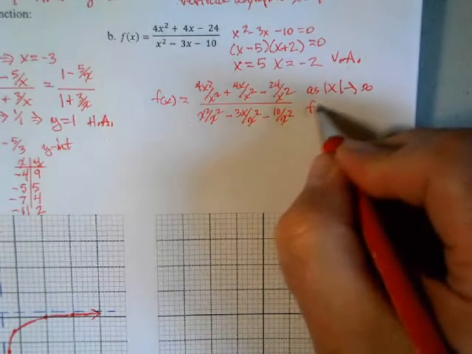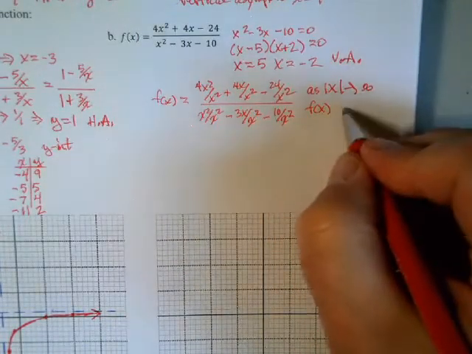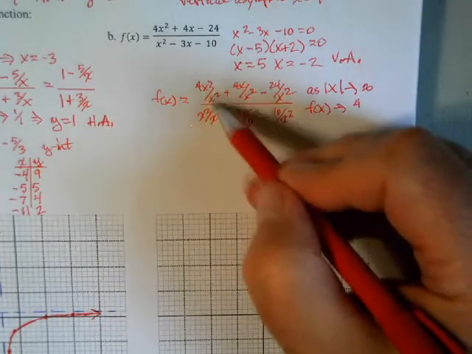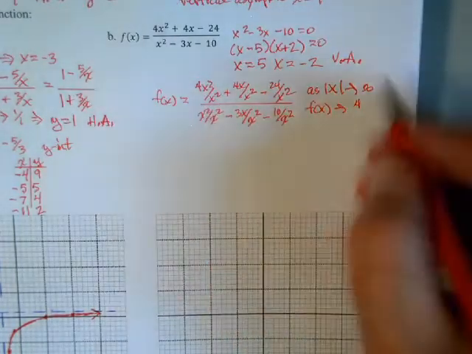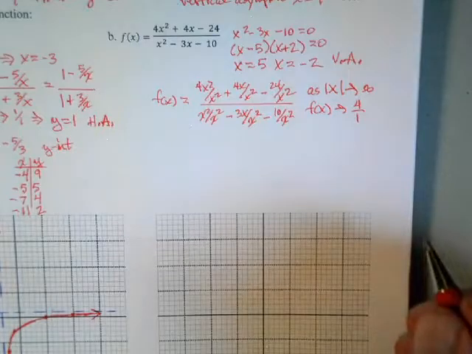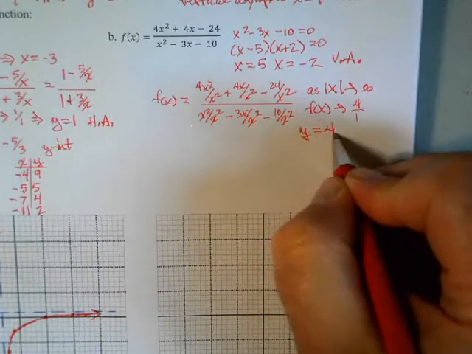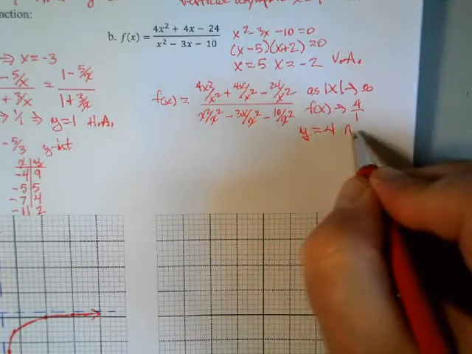This x squared over x squared will be 1. And x squared over x squared will be 1. So it's going to go towards 4 over 1. So that gives me y equals 4 as the horizontal asymptote.